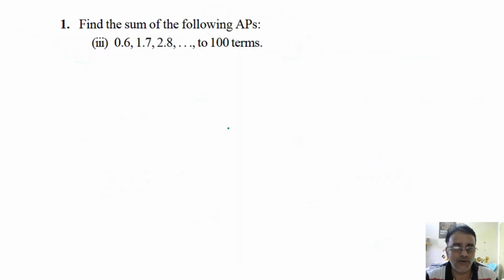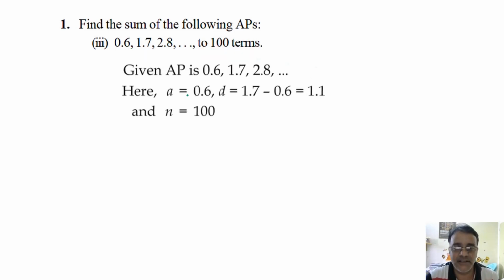We will see one more question, the third with decimals, and the fourth is fractions. That also we will see. What is the value of A? 0.6. What is the value of D here, second term minus first term? 1.1. And what is the value of n? 100. So A is 0.6, D is 1.1, and n is 100.